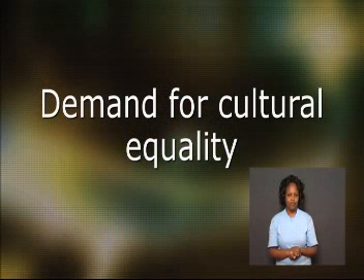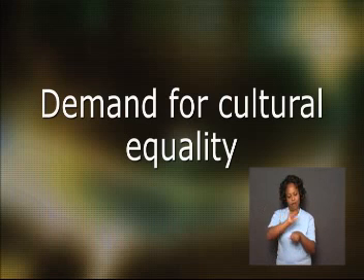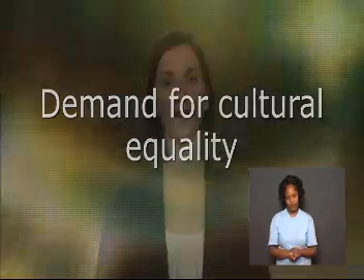Cultural equality was one of the demands of the nations, nationalities, and peoples of Ethiopia. The government that denied the people the right for cultural equality faced strong resistance.